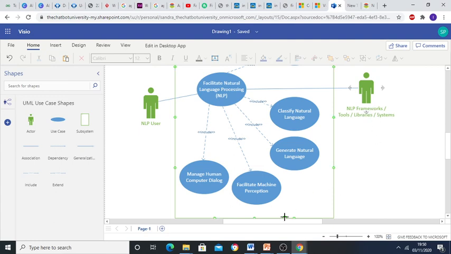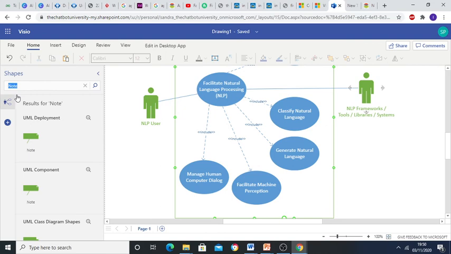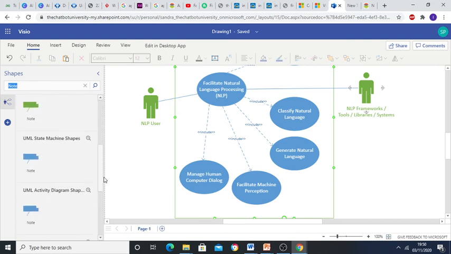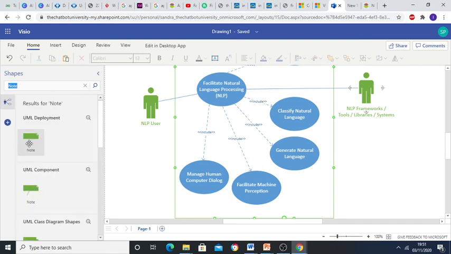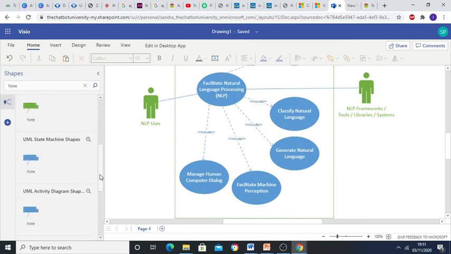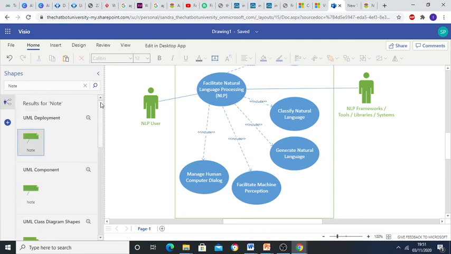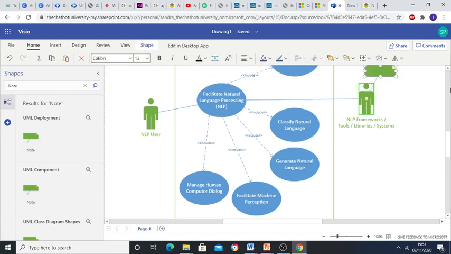What I'm going to do is just leave a note. Within UML or within Visio, within all diagramming tools, there is a concept of the note, and we use that to annotate the diagram, so that people reading it can read it in context.